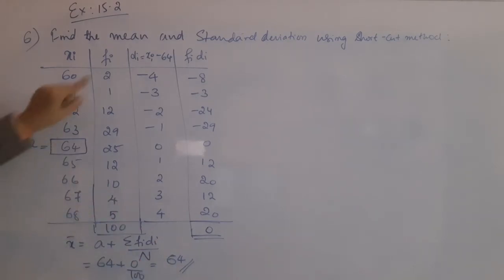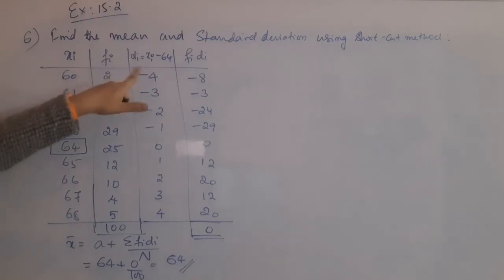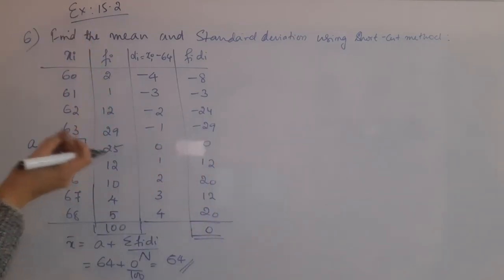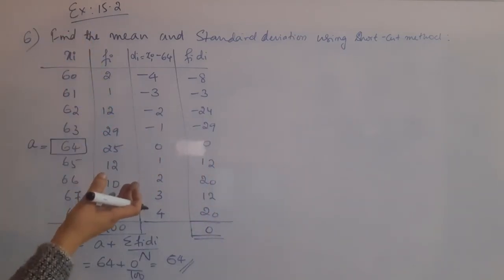Any middle number you can choose and find these deviations, right? Now the next process: if you have this deviation, then what is the formula for sigma or sigma square? The only change will be that wherever you write xi, you will write di there.